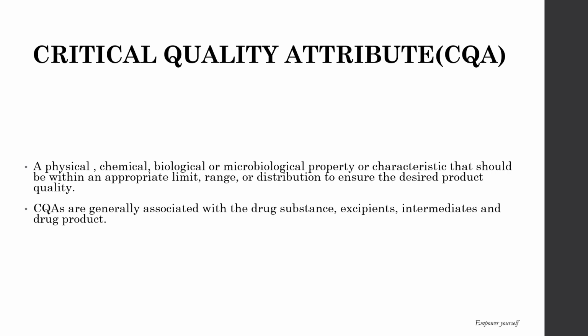If there is any change in the process parameter, then it will have an impact upon the quality of the product as well. So these two have to be maintained properly so that we would achieve the desired quality of the product, and the product quality is maintained within the established limits.